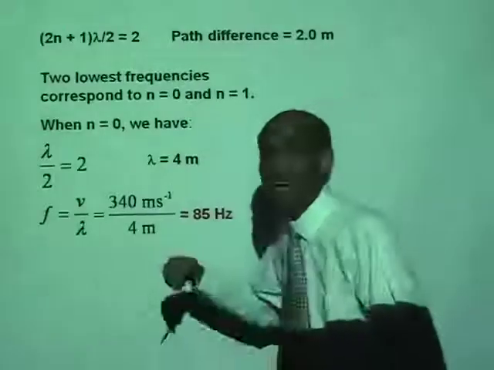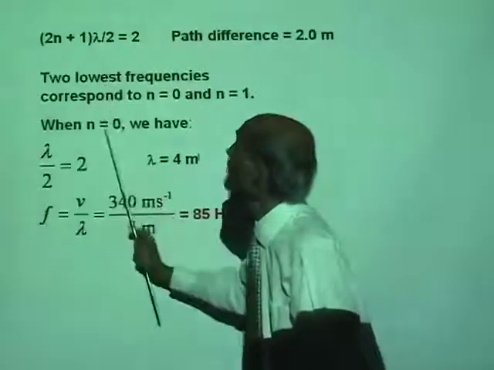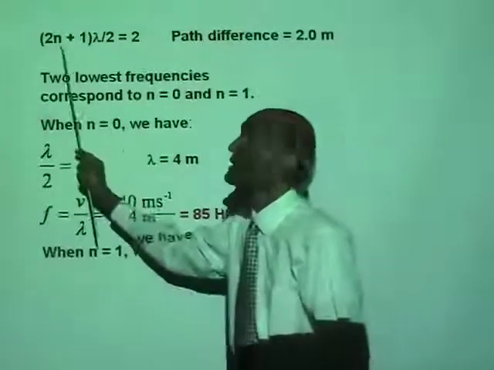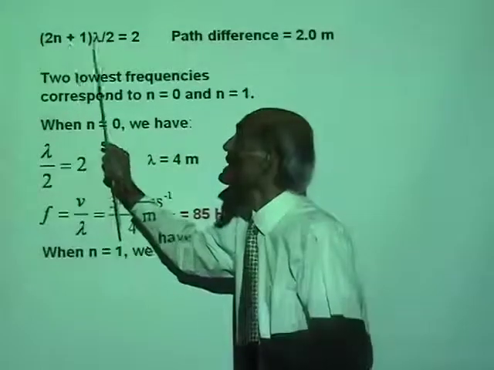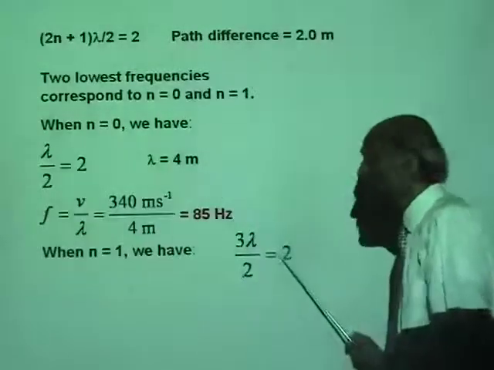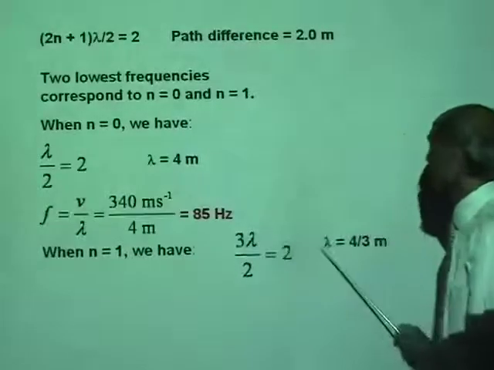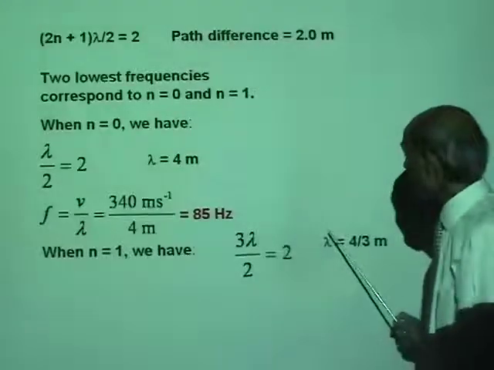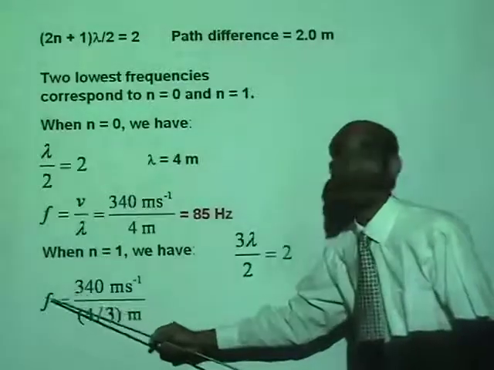What is the next higher frequency that will be out of phase? That will correspond to n equal to 1. When n equal to 1, 2n plus 1 will be 3. 3 lambda by 2 equal to 2, or 3 lambda equal to 4, lambda equal to 4 over 3 meter. If lambda is 4 over 3 meter, what is the frequency?